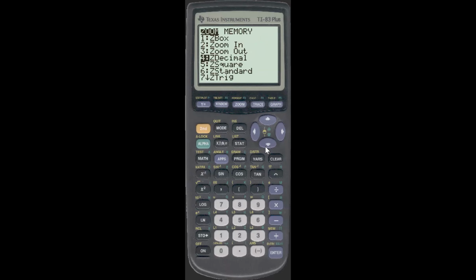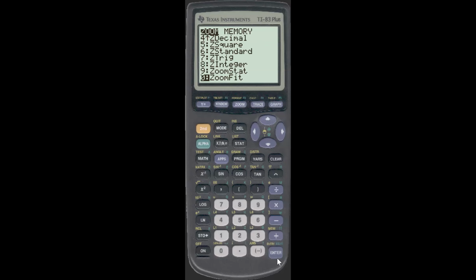If you go all the way down to 0, zoom fit, what it tries to do is determine the window that it should be in.